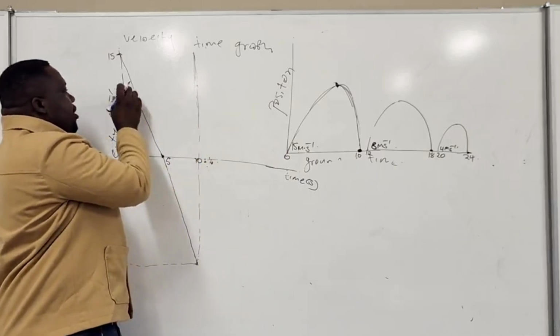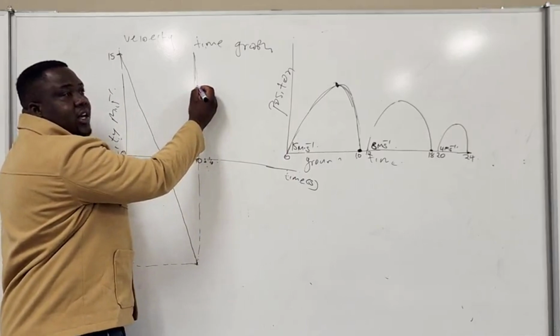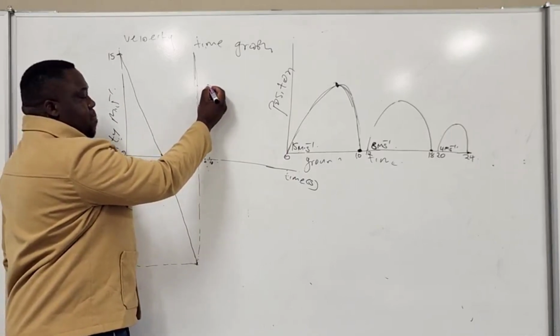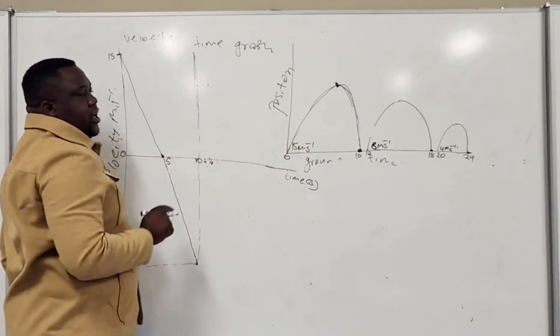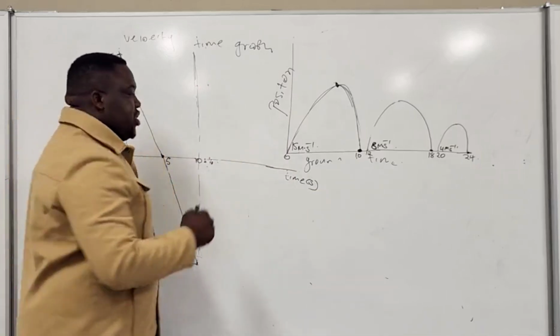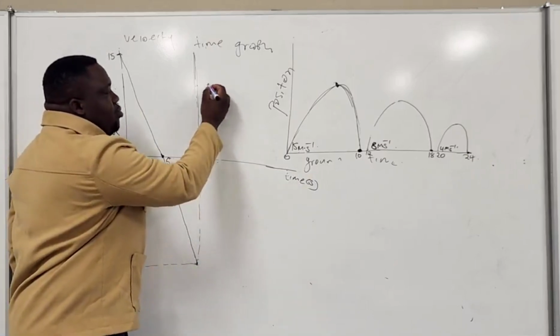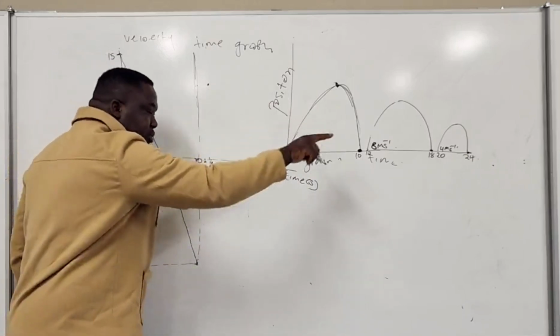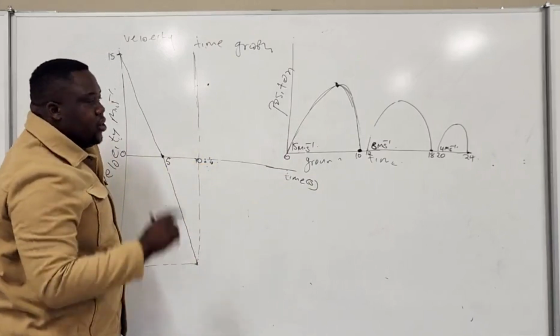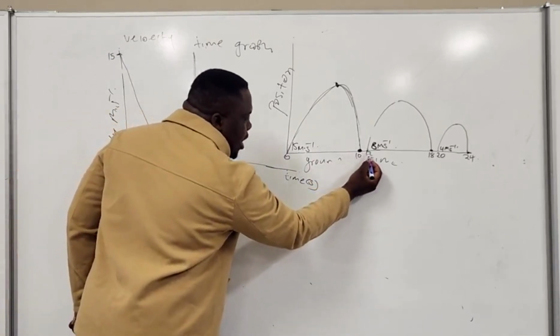No. It will be different from this one. Your graph will not touch the y-axis. It will just move 2 units to the left, which is your right as you're watching this video. The graph is going to move 2 units to the right. It's going to move this side. Why am I saying 2 units? Because here we have 10 seconds, then 11 somewhere, then we come to 12.